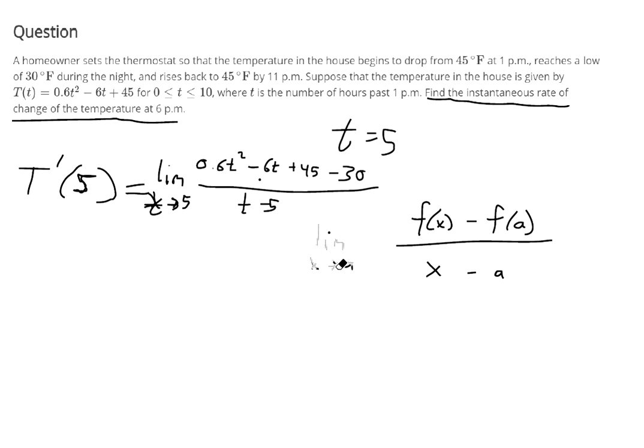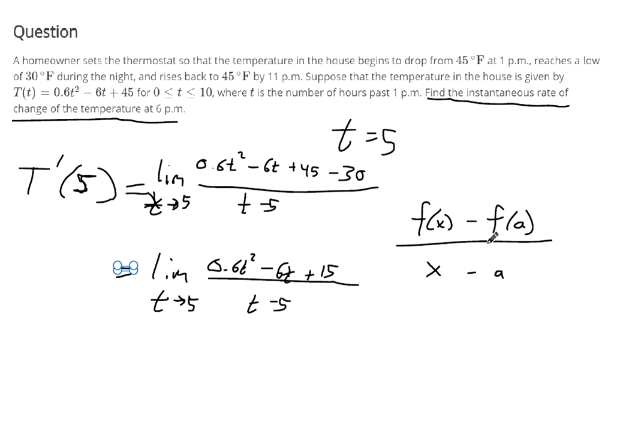Okay, let's see. What else do we have to do? It'd be nice if we could factor it, because right now we have indeterminate form. We can't just plug in 5 for t. If we combine these, that's 0.6t squared minus 6t plus 15 over t minus 5. I bet we can factor the top part.